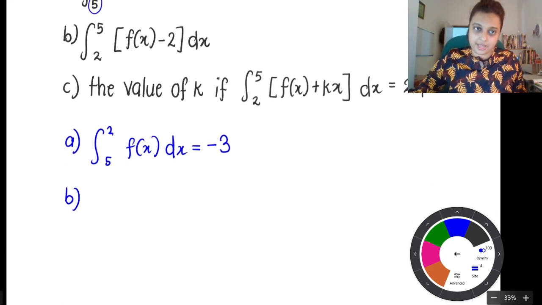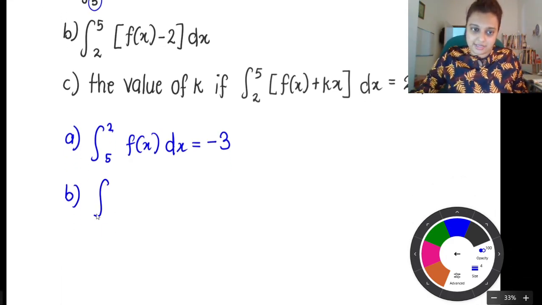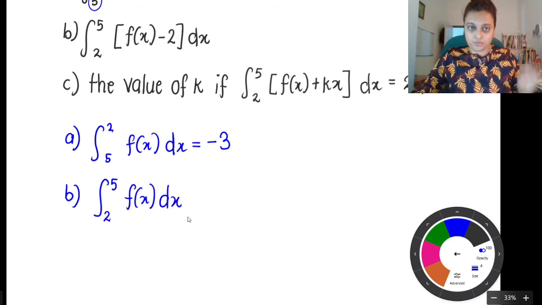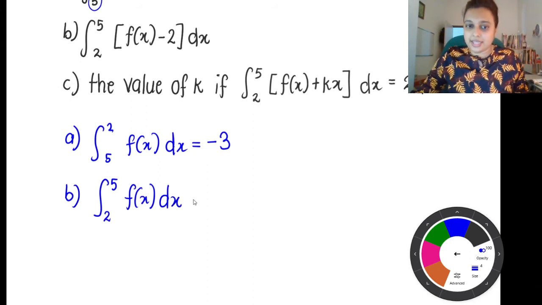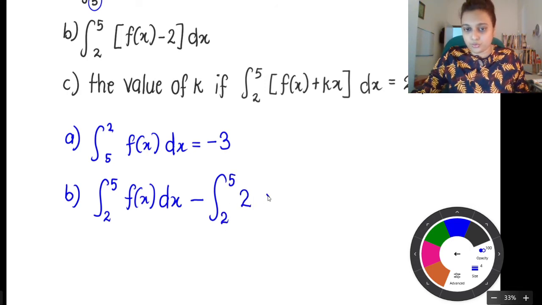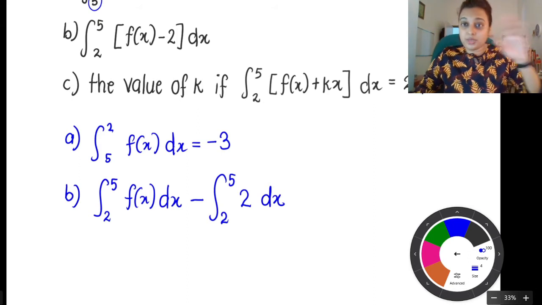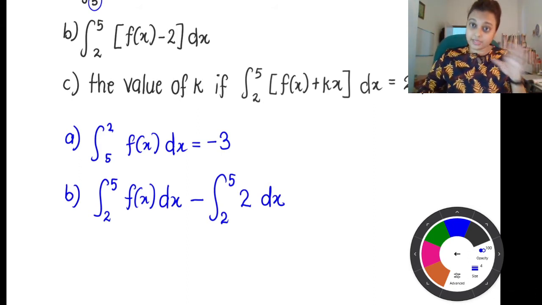See how teacher separates. First write the integration from 2 to 5 of f(x) dx, then minus the integration from 2 to 5 of 2 dx. That means we are doing two separate integrations.